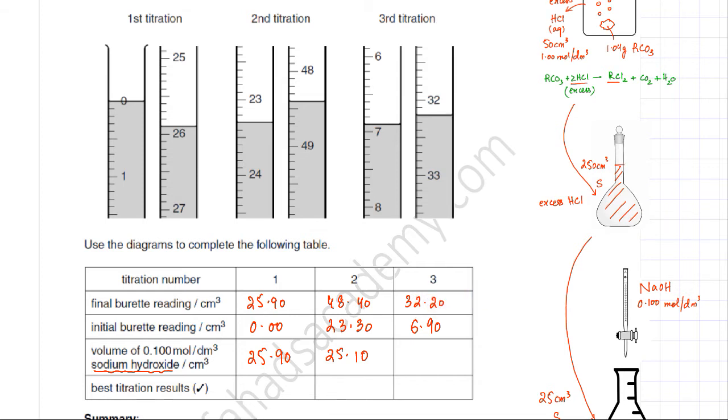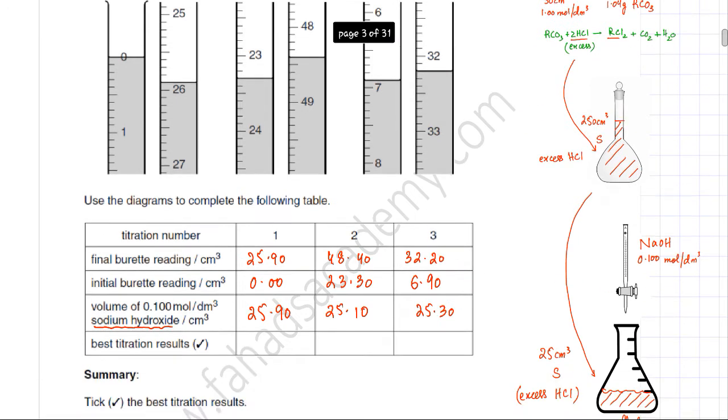Taking the difference using my calculator, it's going to be 32.20 minus 6.90, and the answer is 25.30 cm³. So we've got three titration values. In the first experiment, 25.90 cm³ of NaOH was used. In the second experiment, it shows 25.10, and in the third experiment, the amount of NaOH that's being added into the flask is 25.30.